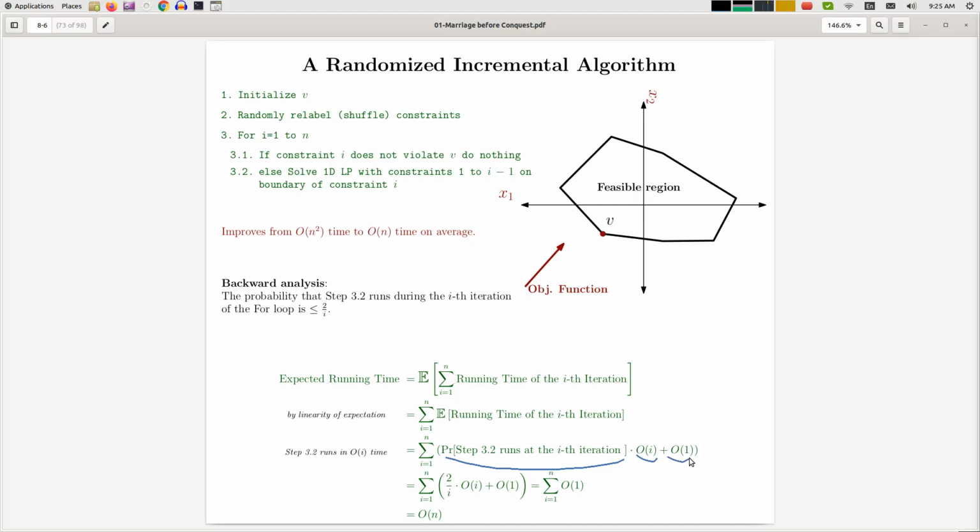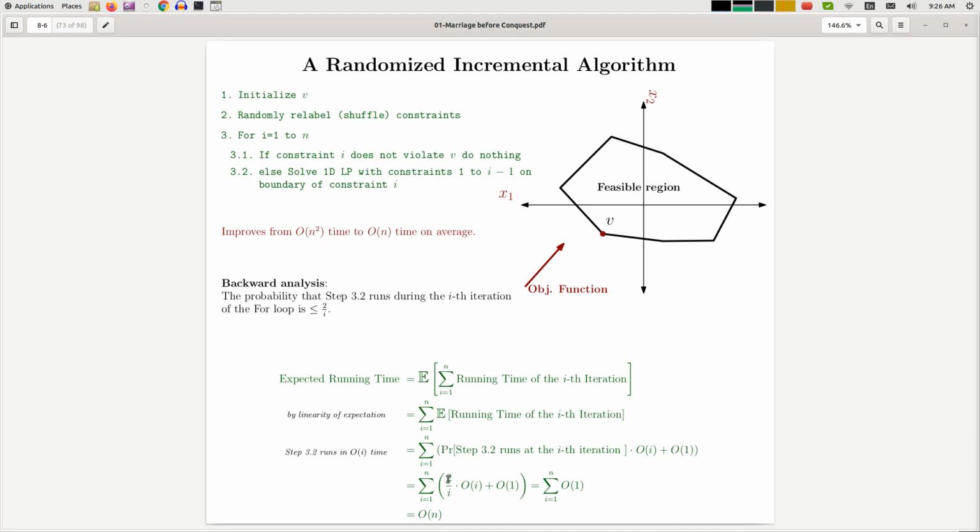So the expected running time of step 3.2 at the ith iteration is something like this. The probability of it going through step 3.2 times the running time if it does, plus the probability of not going through step 3.2 and just doing step 3.1. Okay, so it's essentially just the definition of the expected value.